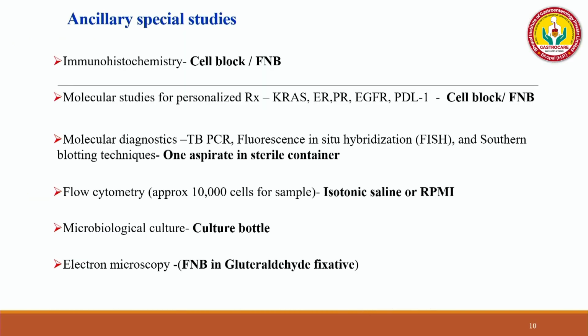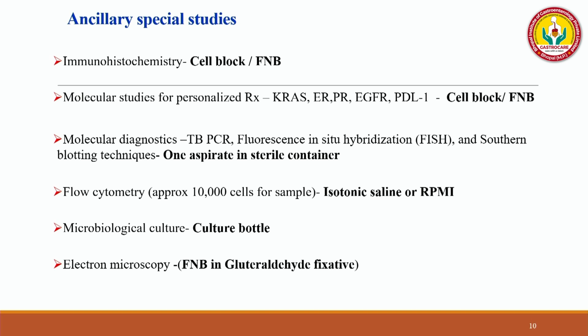And then what are all the ancillary studies which you can do? On your cell blocks or FNBs, you can do immunohistochemistry, and you can do molecular studies, for example KRAS, PDL1, and MSI. Also, when you give a diagnosis of COX at on-site evaluation, you can collect a sample for PCR.